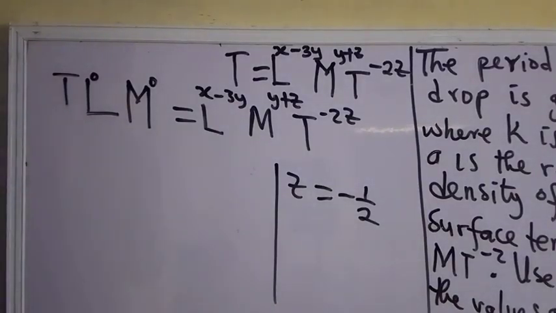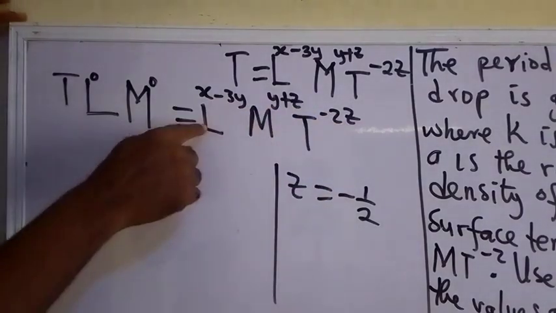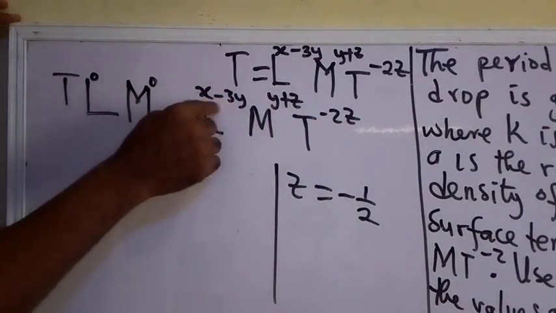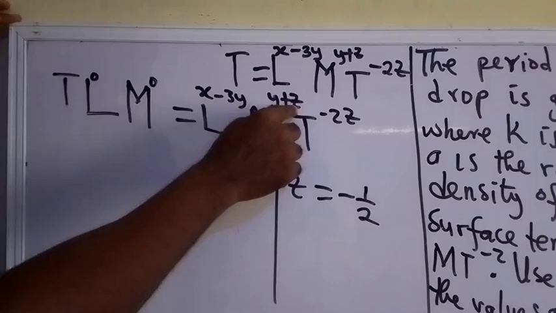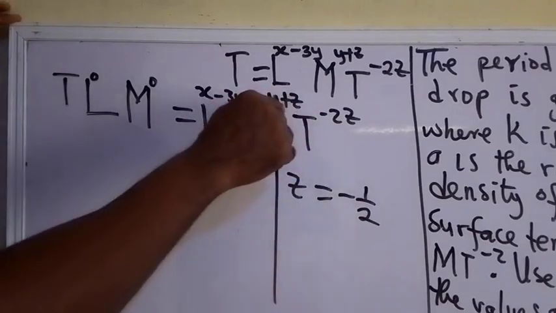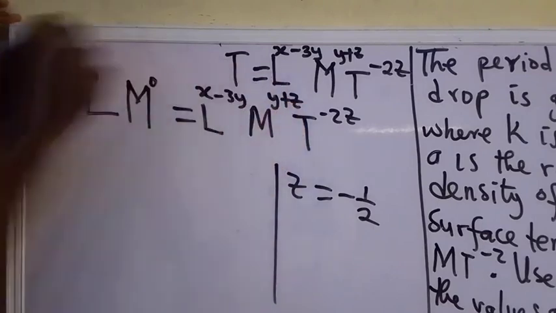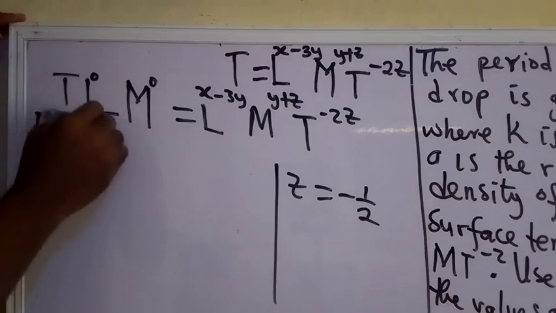With that, we've been able to get our z. Now let's go for the next power. Now, since we have z, if you check for L, it has something to do with z. But look for M. M has to do with z and another unknown power. Of course, we've gotten z, so it's easier to use the known z to find y. So we say 4m.